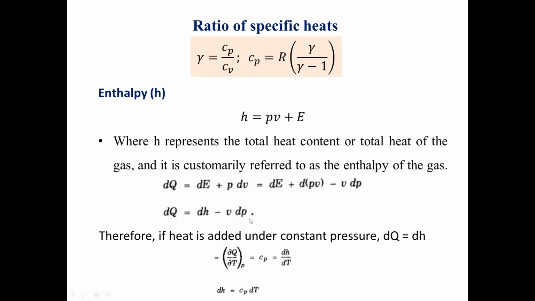The change in pressure becomes 0. So we have left dQ over dT at constant pressure, which is equal to Cp, which is equal to dH over dT. Therefore, dH is equal to Cp dT. So this is also another important formula.